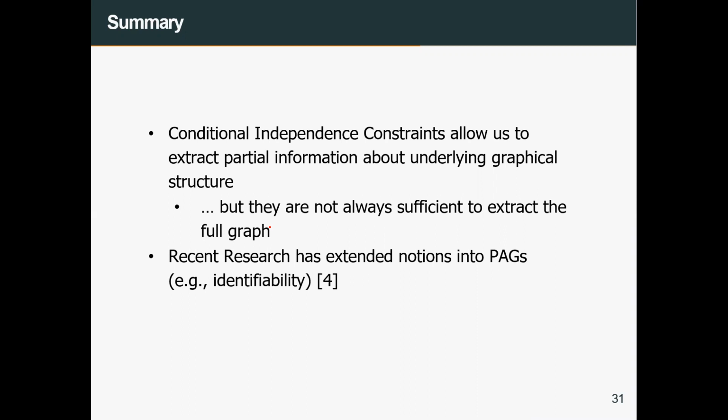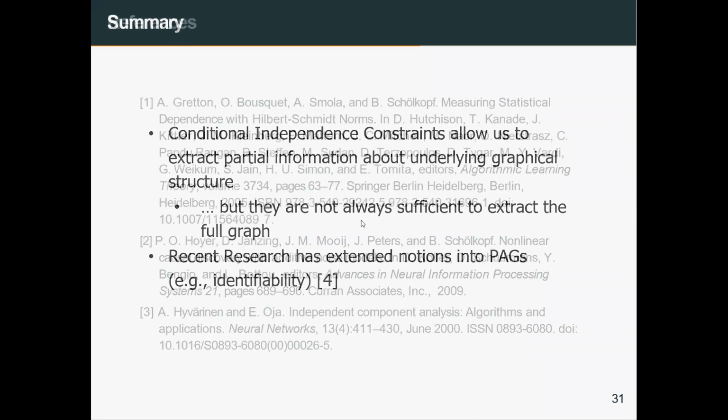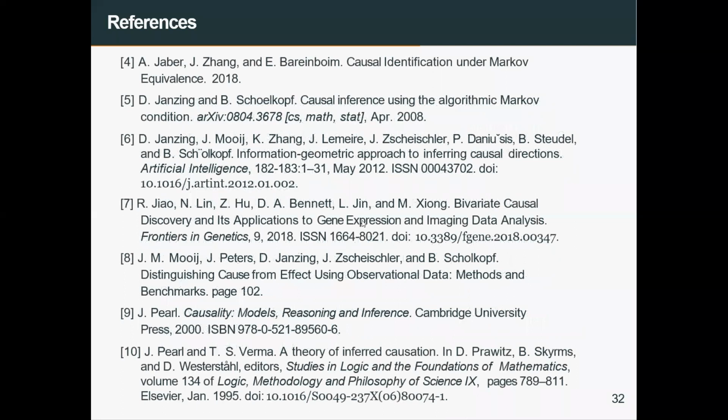Recent research in causal discovery has looked into expressing things as PAGs and the different notions there, so that we can identify different properties like identifiability. And here are some references at the end, and that's the end of the slideshow.